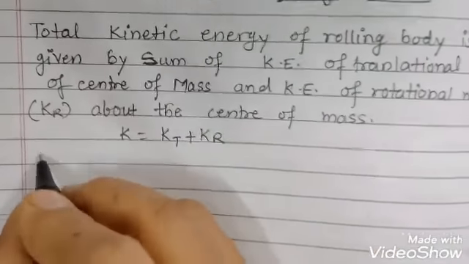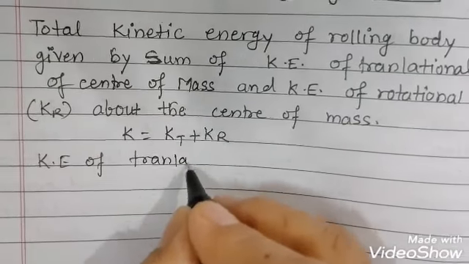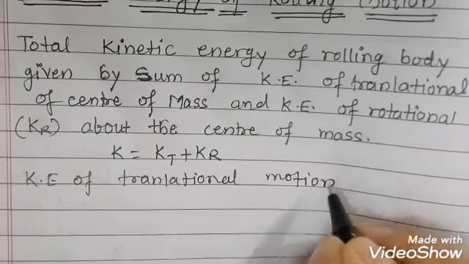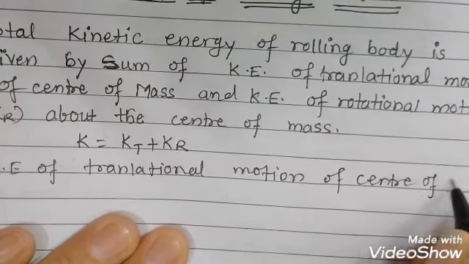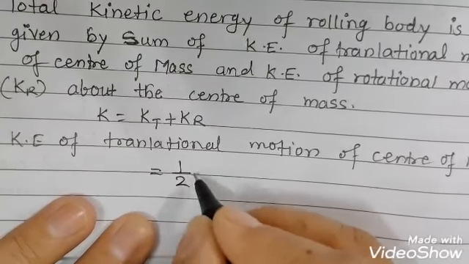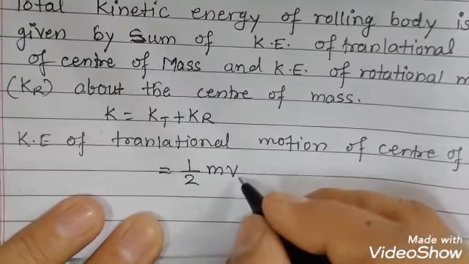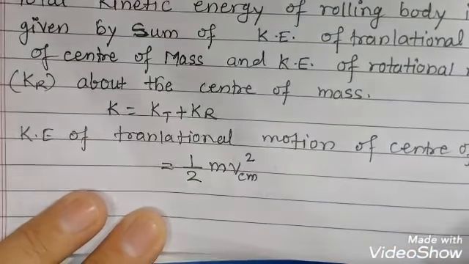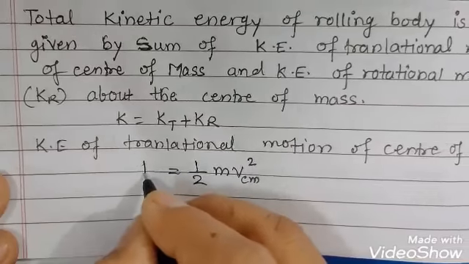We know that the kinetic energy of translational motion of center of mass is given by half m v cm square, where v cm is the velocity of the center of mass. Now we'll see that this is Kt.